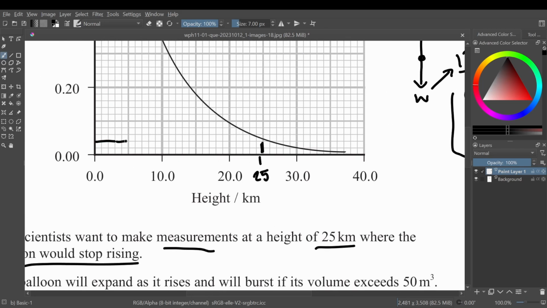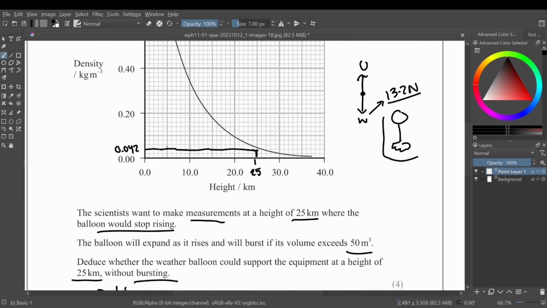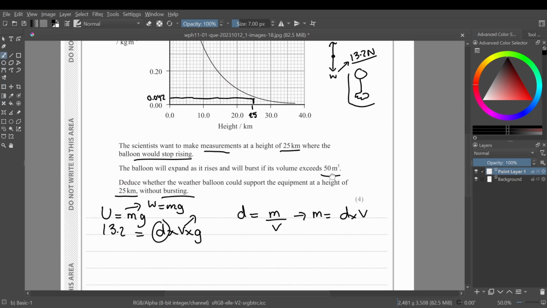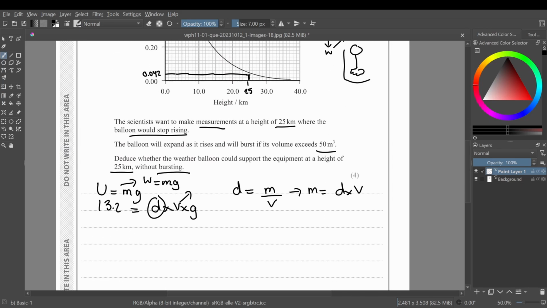So this will be right here. Okay, which is 0.04, and it's a little bit above, so let's say it's 0.042. You can guess it yourself as well. Basically the mark scheme gives a range, and if you get it within the range you will have a correct answer, right? So I'm going to write 0.042.